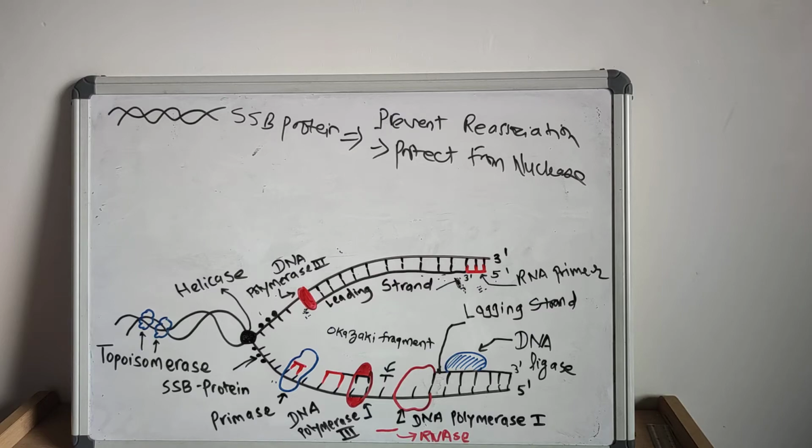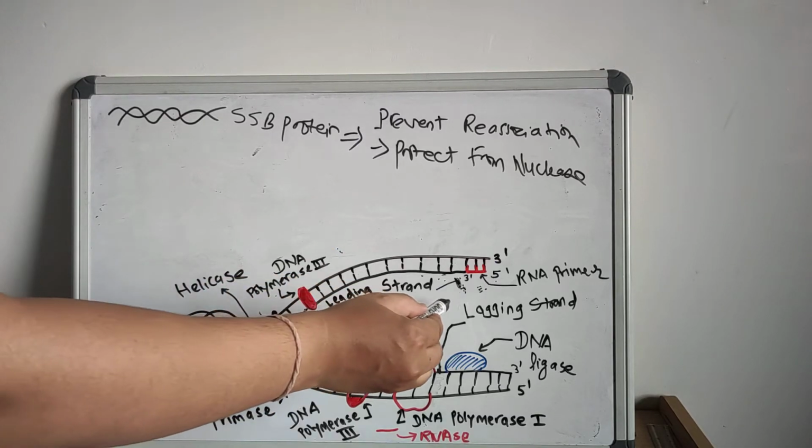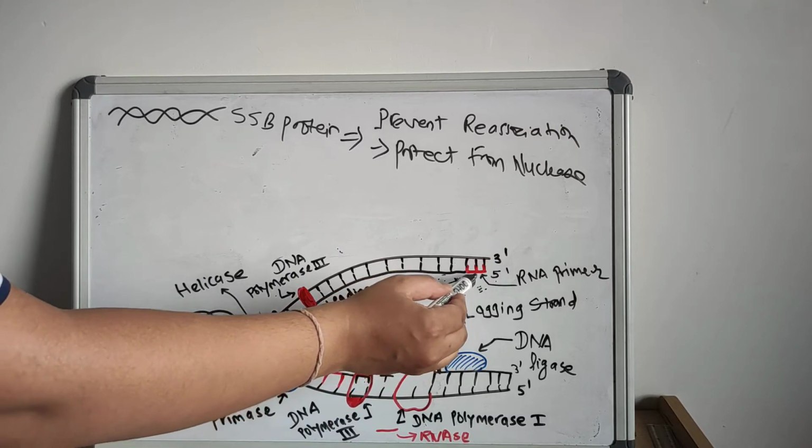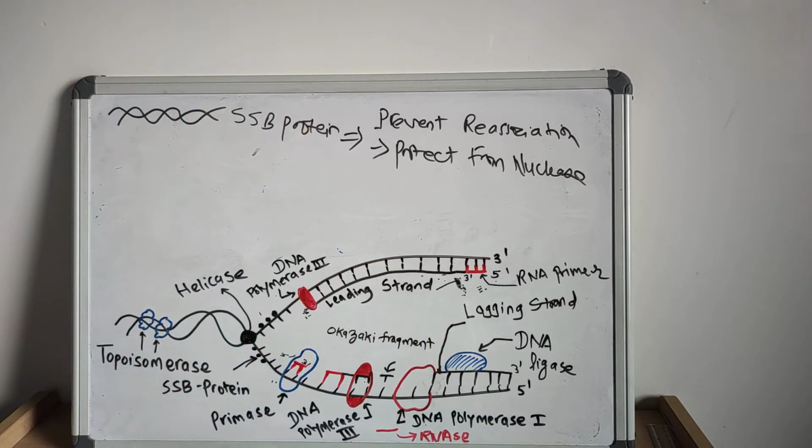So from each primer, 5' to 3', 5' to 3', it adds the sequence in the 3' direction. The newly synthesized strand is complementary and anti-parallel to the parental strand used as a template. This strand can be made continuously in one long piece. It is known as the leading strand.